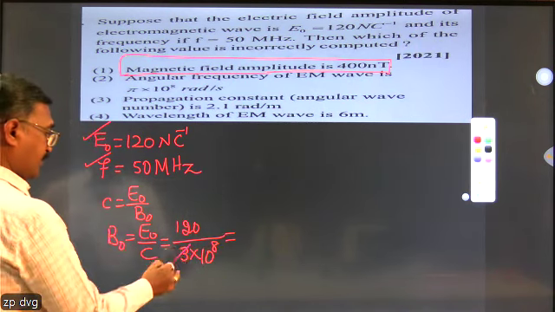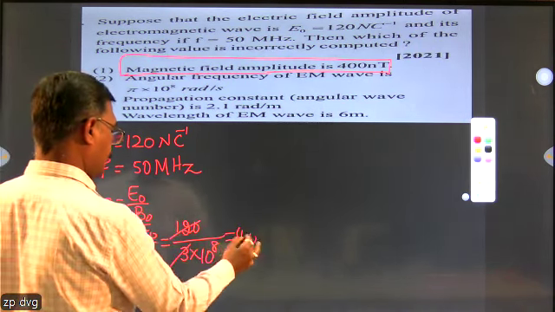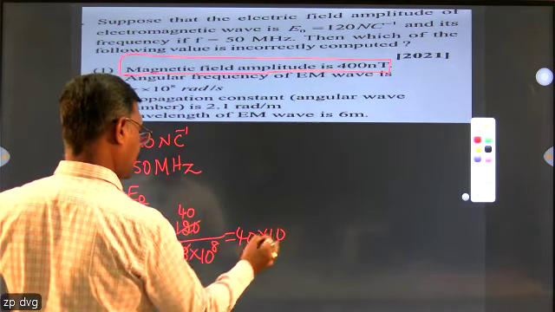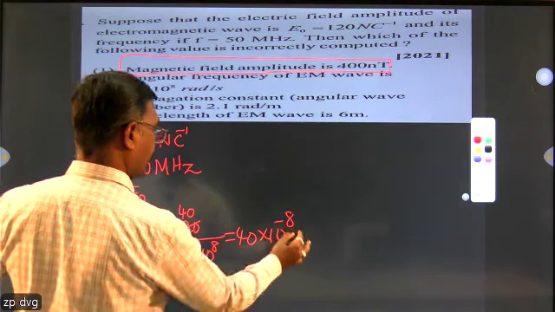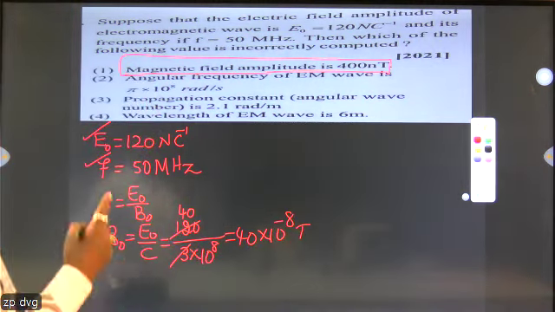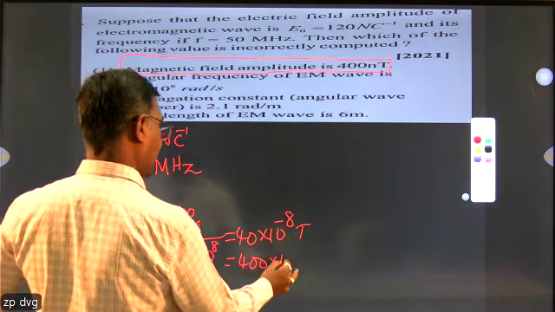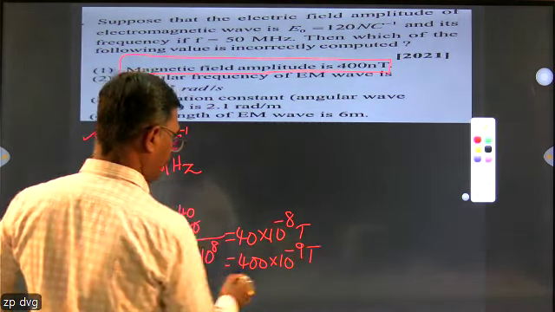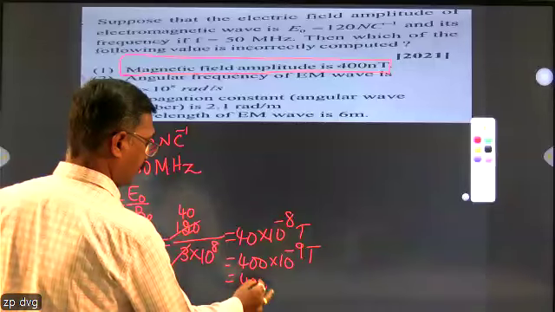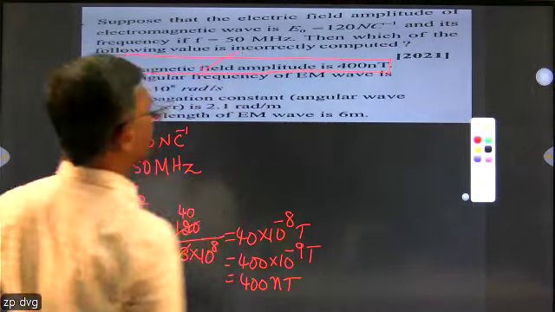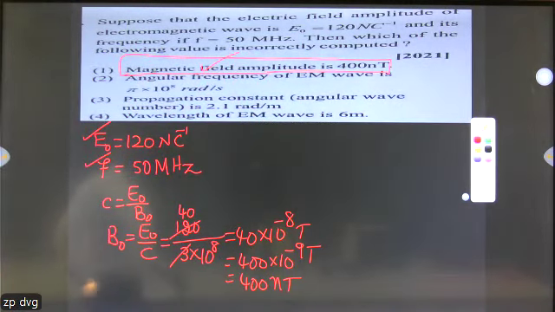So it will be 3 fours are 40, into 10 power of minus 8 Tesla. This can also be written as 400 into 10 power of minus 9 Tesla, so this will be equal to 400 nano Tesla. So this is correct. The calculation is correct.